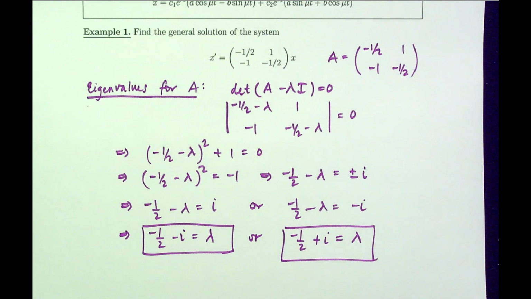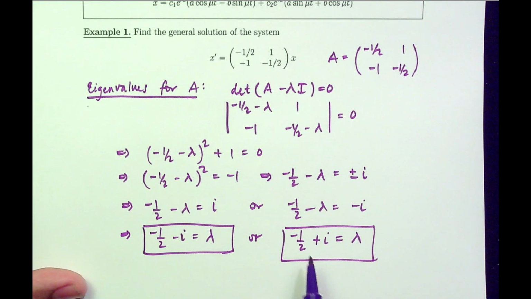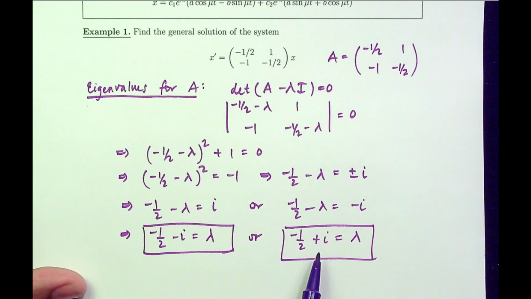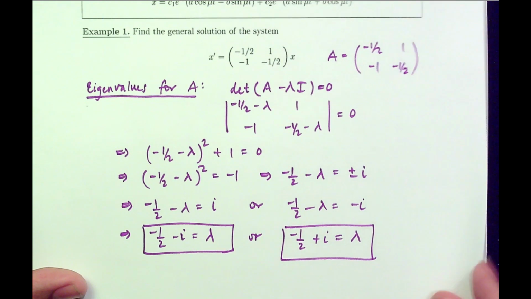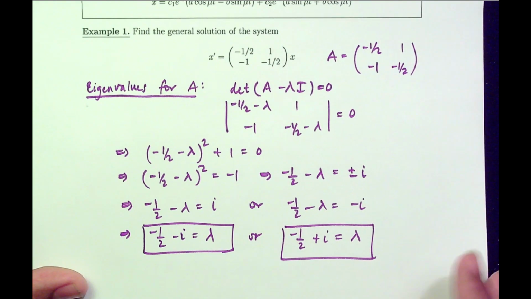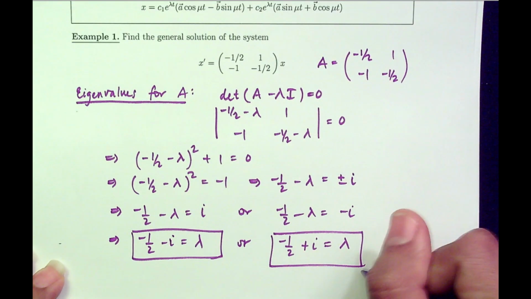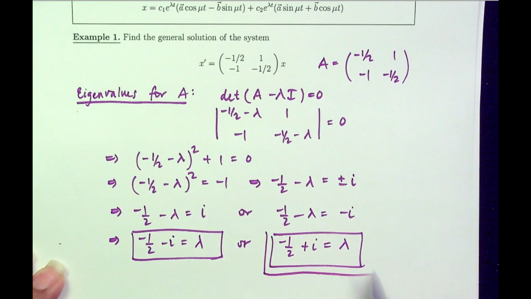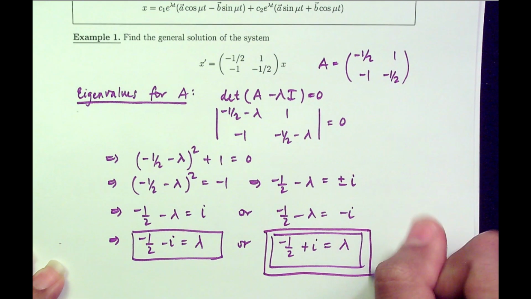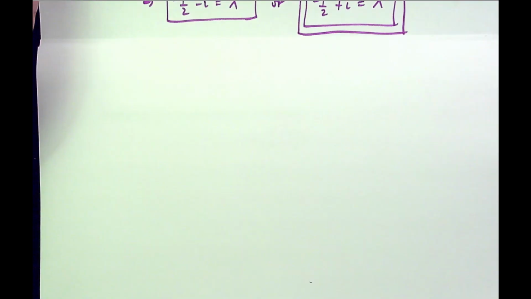I'm just going to choose the one that has fewer negatives, because negatives are always a source of making mistakes. So I'm going to use this one. I'm going to put another box there. All right, so let's find the eigenvector for that.